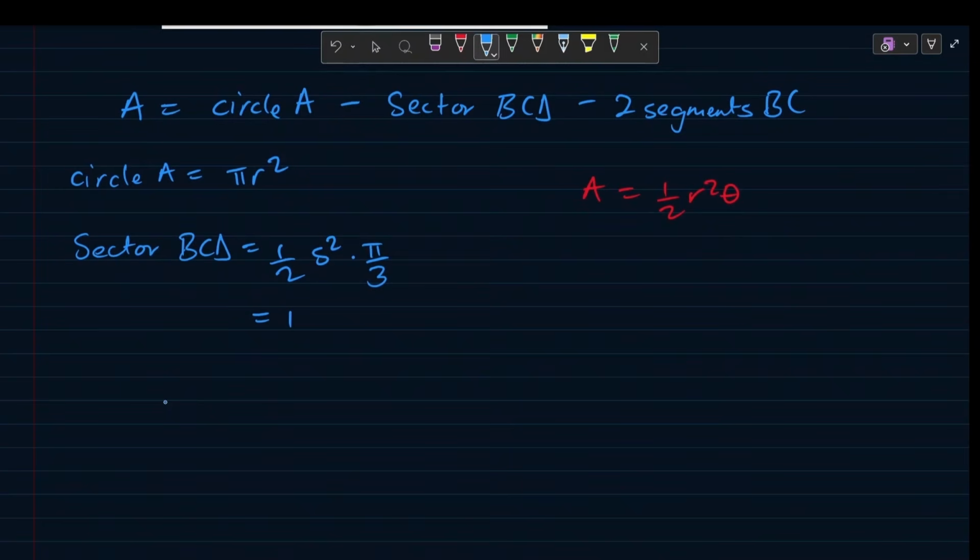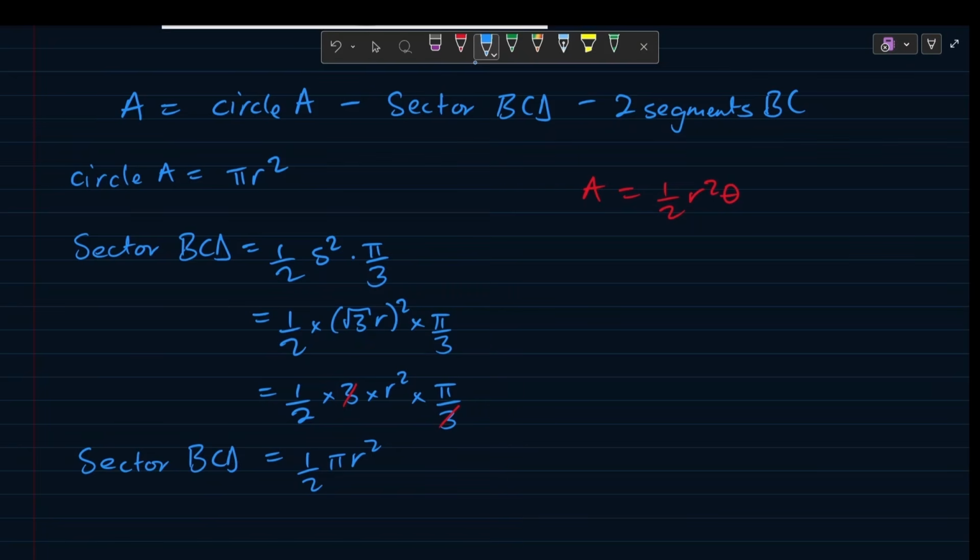So this is just half times root 3r squared times pi over 3. So I've got half times root 3 squared becomes 3, and then r squared times your pi over 3. Okay, so the 3's cancel out, and we end up with 1 over 2 times pi times r squared. That's your sector BCD.